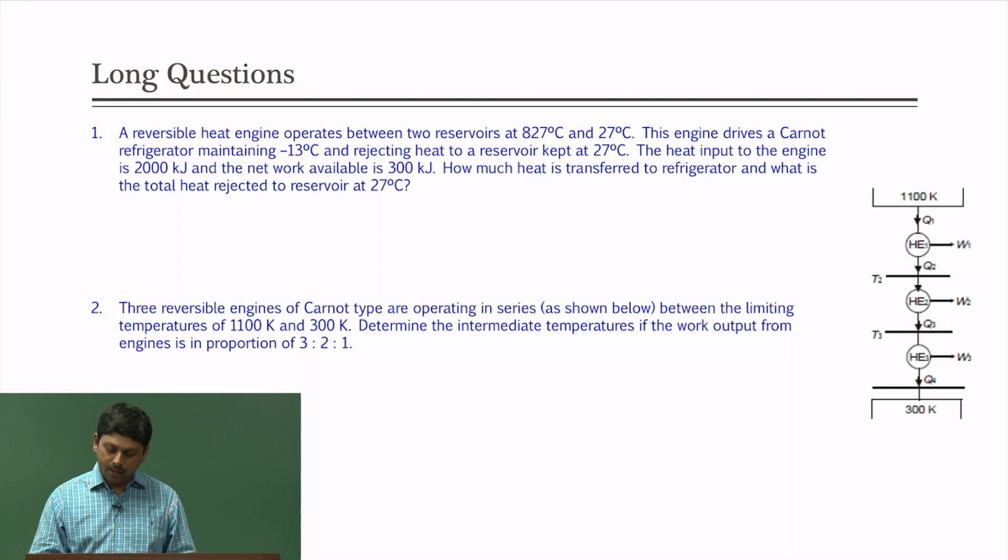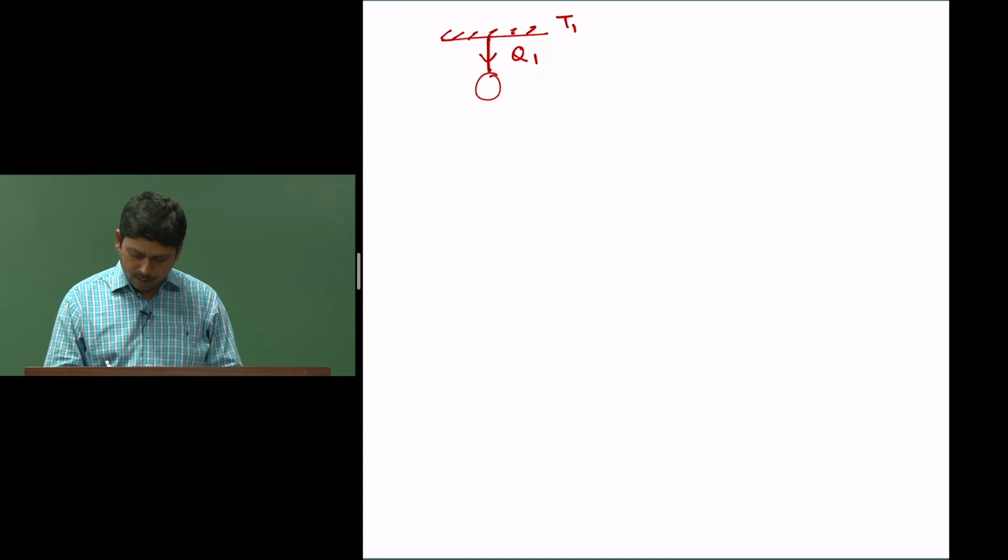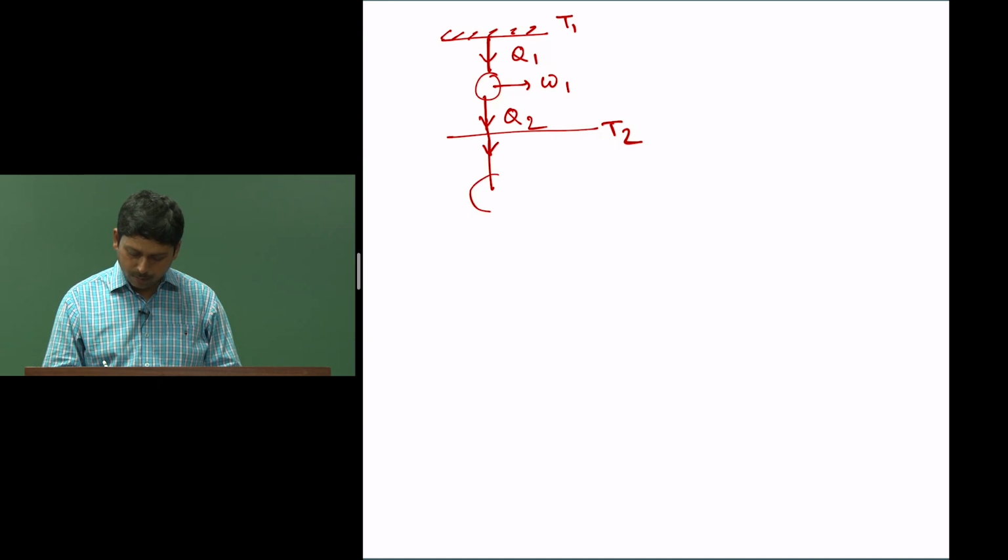I am going to need a little bit extra space for that. So, let us see that the top one, the T1 let us say, that is at 1100 Kelvin, and then the heat Q1 is taken in from that, and some work W1 is done, heat Q2 is thrown into the second one, which is again passing to the next one.